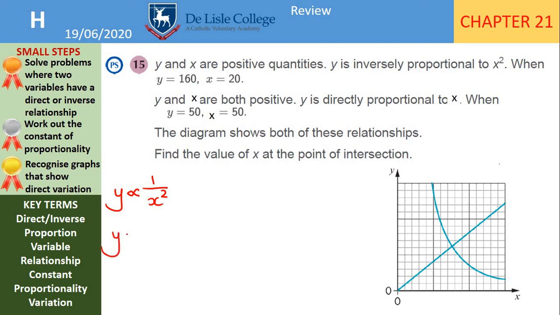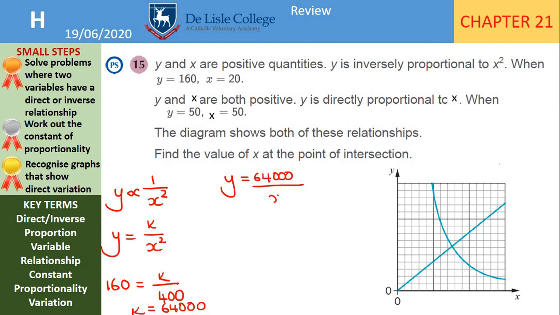So this gives me the formula y equals k over x squared. So when y equals 160, x is equal to 20. 20 times 20 is 400. So multiplying these together gives me that k is equal to 64,000. So this gives me the formula y equals 64,000 divided by x squared. So this is my first formula.